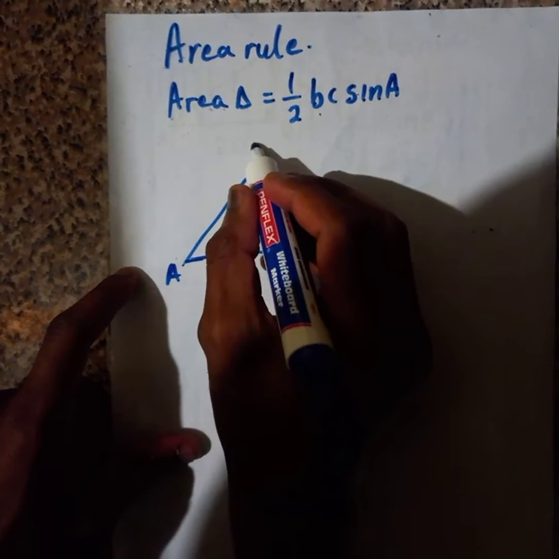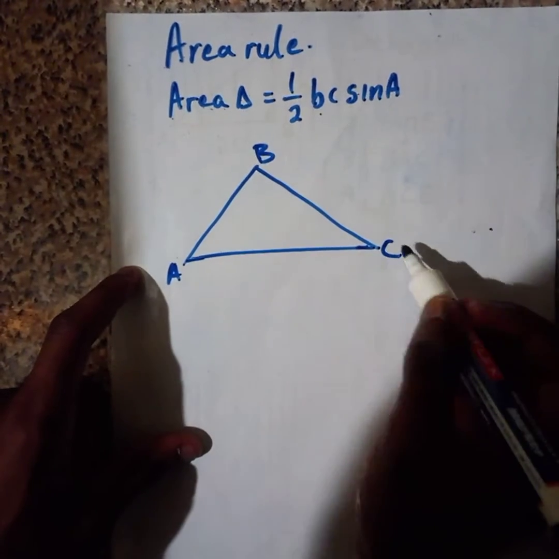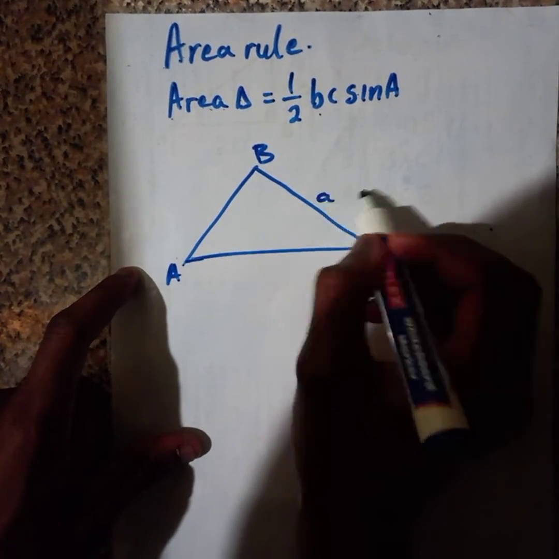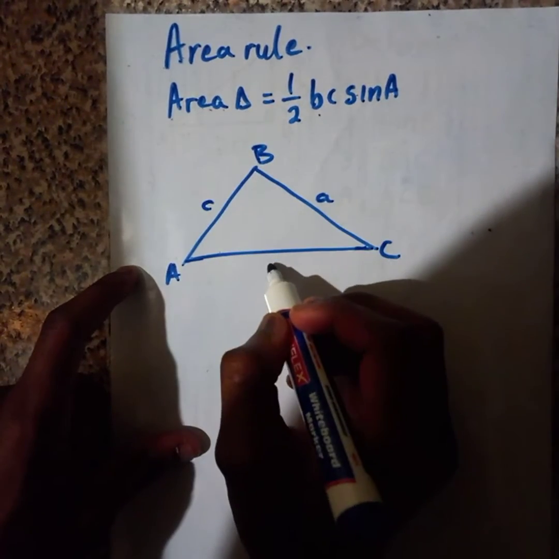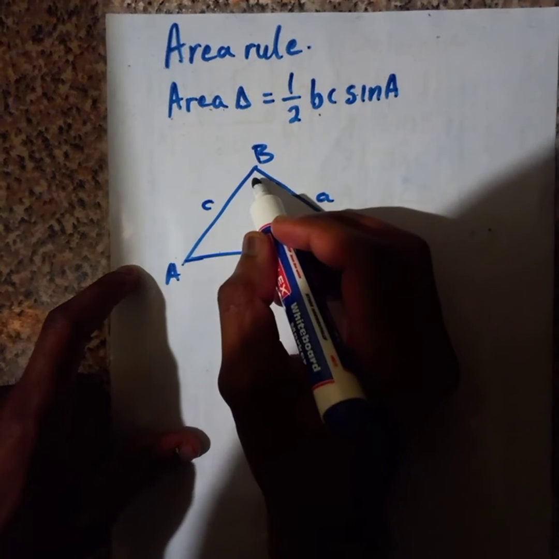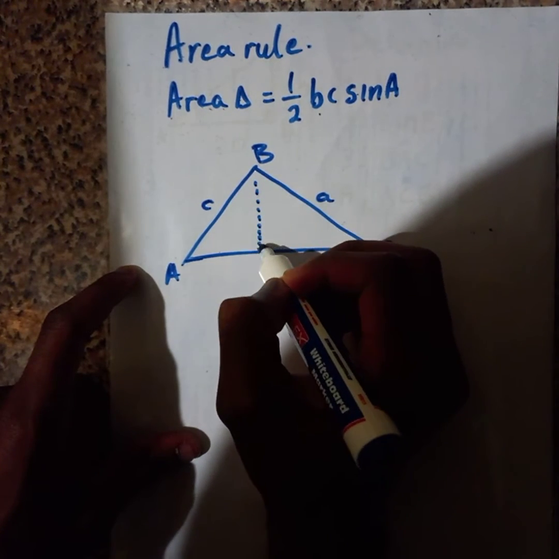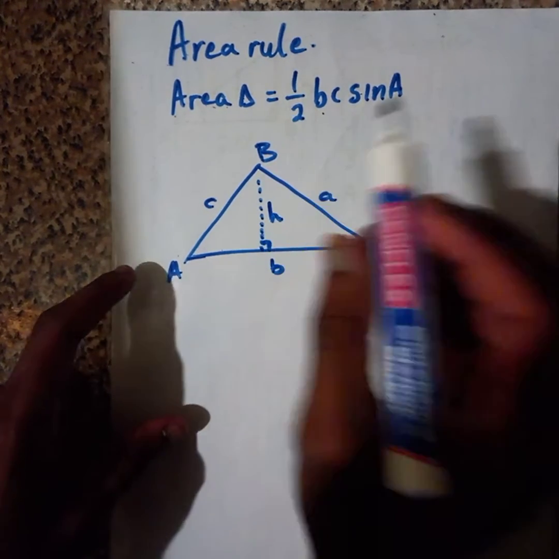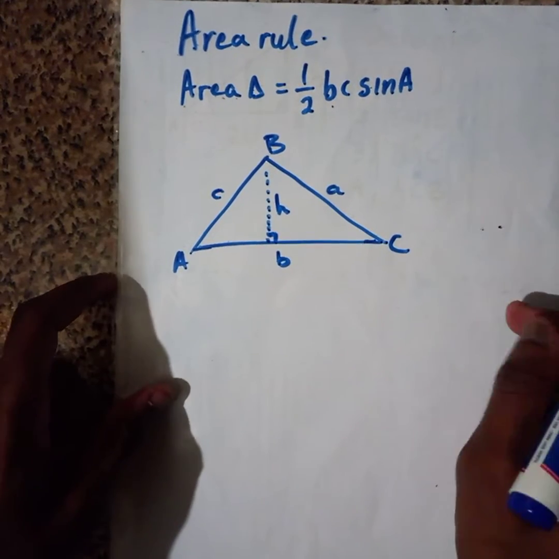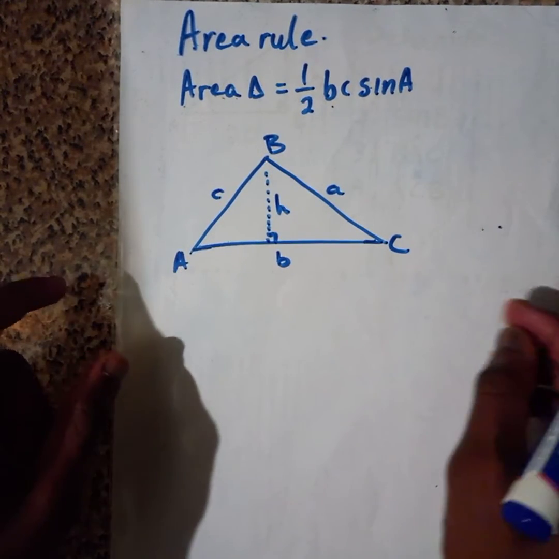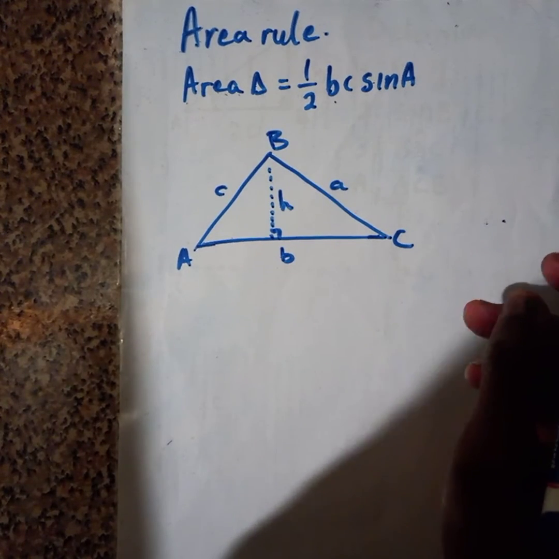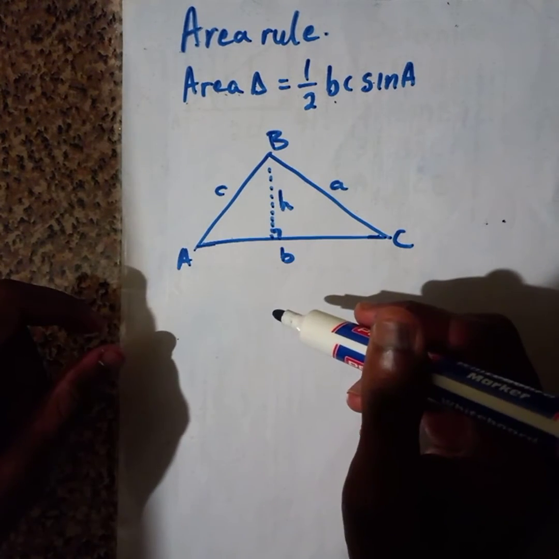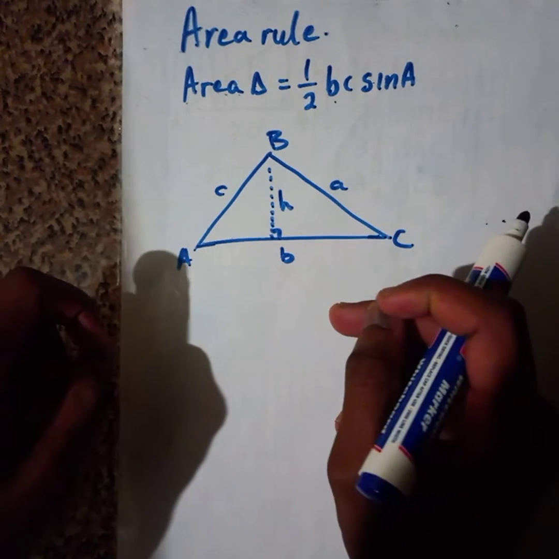Say I have A here, B here, C, lowercase a, lowercase c, lowercase b. Then I construct again my height. It should always be perpendicular to the side AC. Now we have made a construction already.